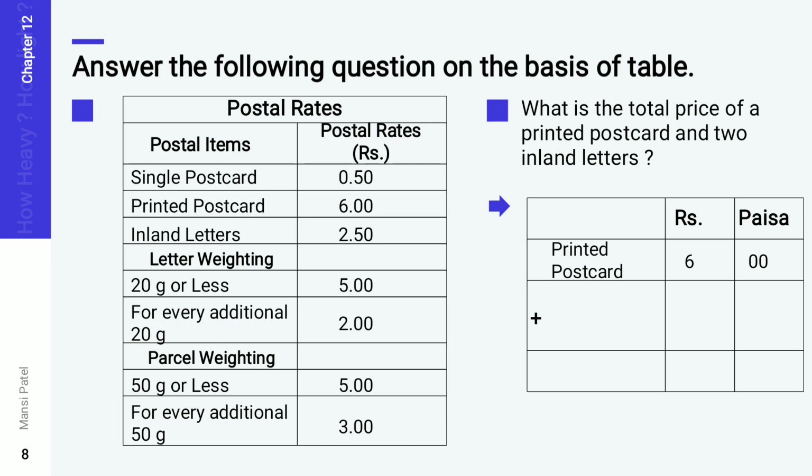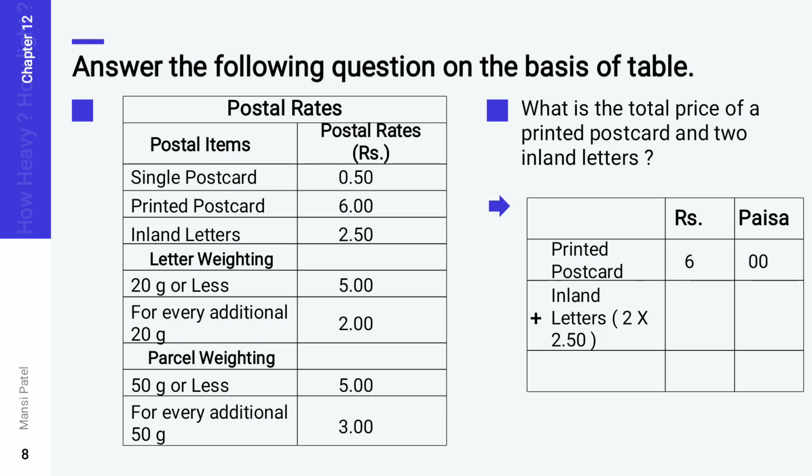In this table, they gave only the price for one inland letter, and we have to purchase two inland letters. So plus inland letters: how many are there? 2. Multiply by 2.50. So do the multiplication.